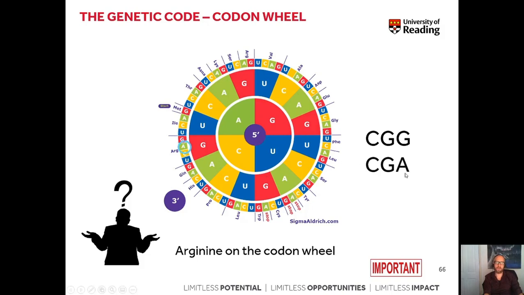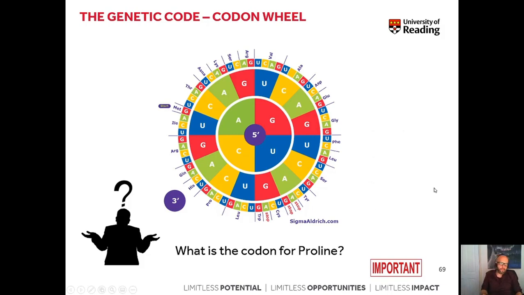Second one is going to be CGA. Third one, CGC. And the fourth one is going to be CGU. So similar to the exercise before, I would ask you to use the codon wheel and come up with the possible codons for proline. I hope that all of you have been able to come up with the following codes: CCG, CCA, CCC, and CCU.